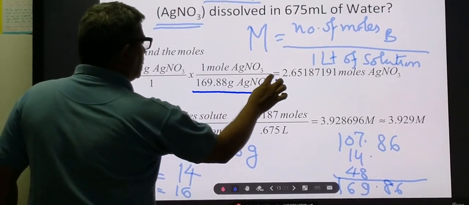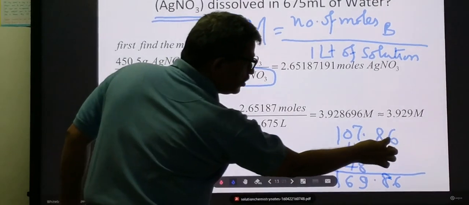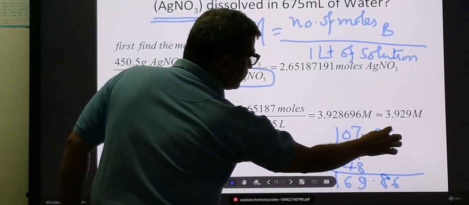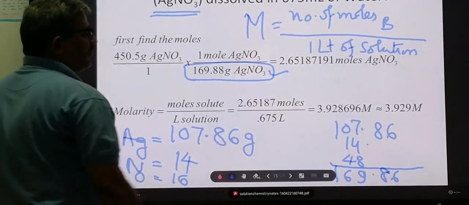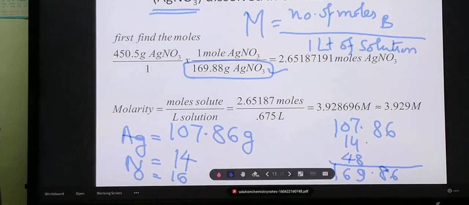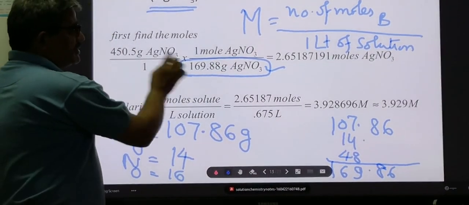Okay, 169.88. That means they must have taken one of these figures as an 8. That's fine. Anyway, this is the molecular weight of AgNO3.